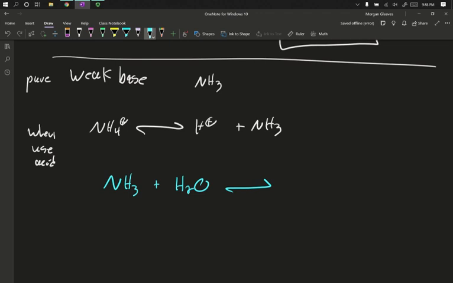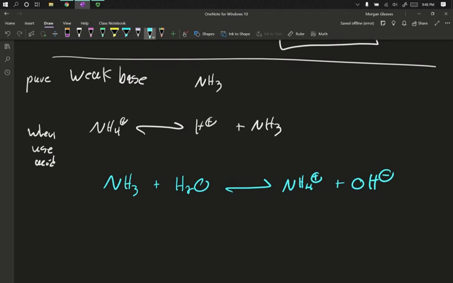Well, water is amphoteric. It can both accept and give away a proton. And so you can make, in this case, NH4 plus and a hydroxide. When our ammonia base interacts with water, it can take a proton from the water, making ammonium and hydroxide.